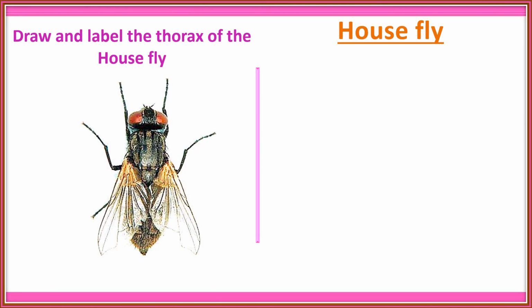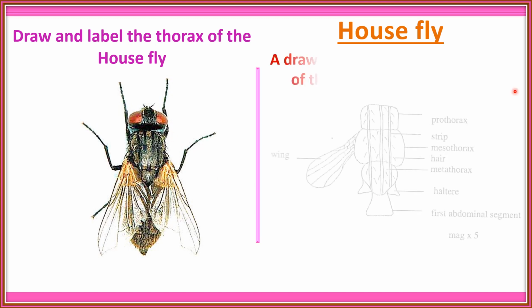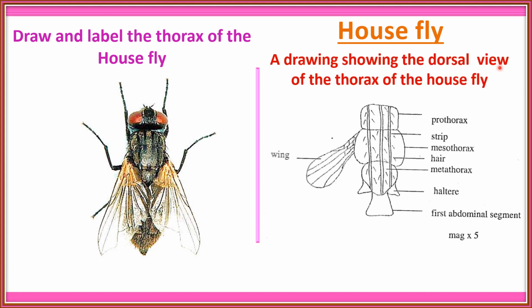Draw and label the thorax of the housefly. We know the thorax is this part here. So a drawing showing the dorsal view of the thorax of a housefly. There is the first part, which is the prothorax, the one we see here.